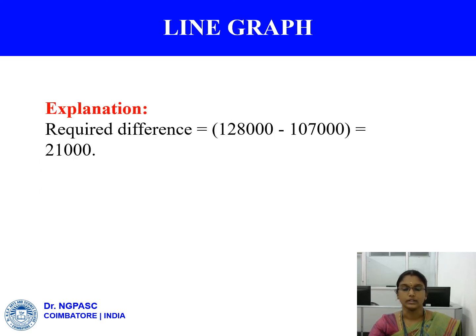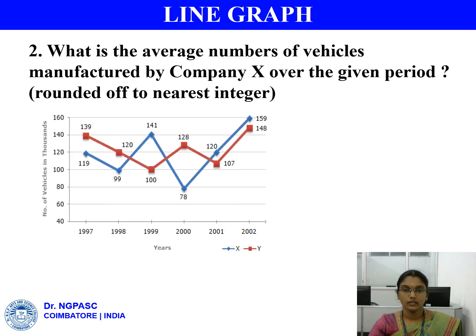So 128 minus 107 is 21, and the answer is in thousands, that is 21,000.